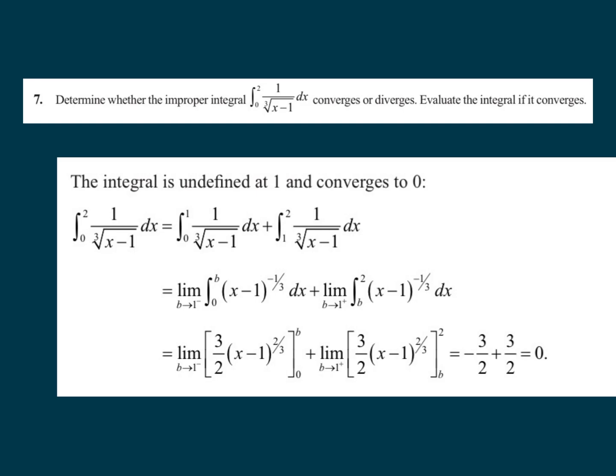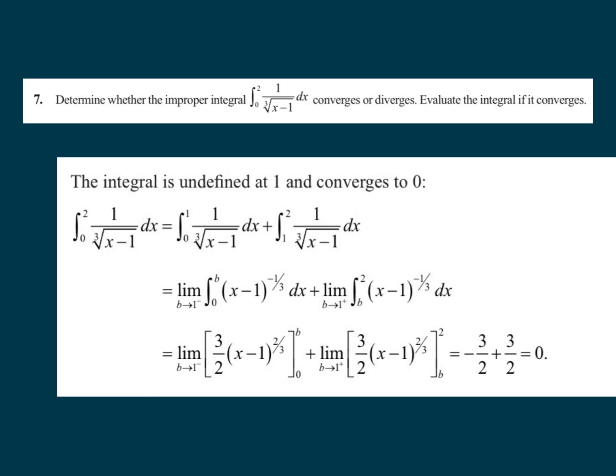We have to divide the integral from 0 to 2 into the integral from 0 to 1, when b approaches 1 negative, and now we have to do the integral from 1 to 2, or from z to 2, when z approaches 1 positive, or the same b if you want, or c.